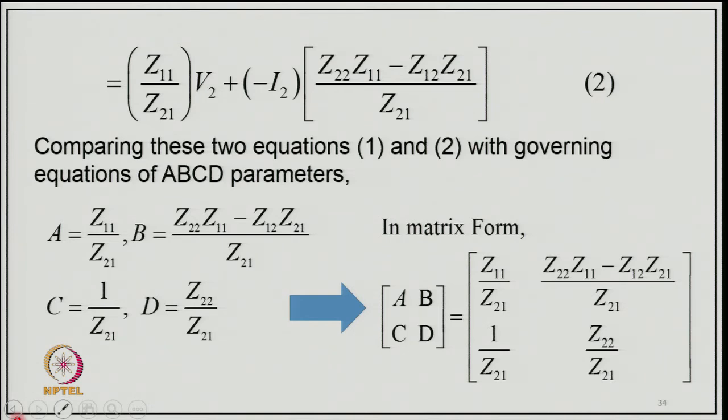Now, in matrix form, the transmission parameters ABCD equal Z11/Z21, (Z22 Z11 - Z12 Z21)/Z21, 1/Z21 and Z22/Z21.